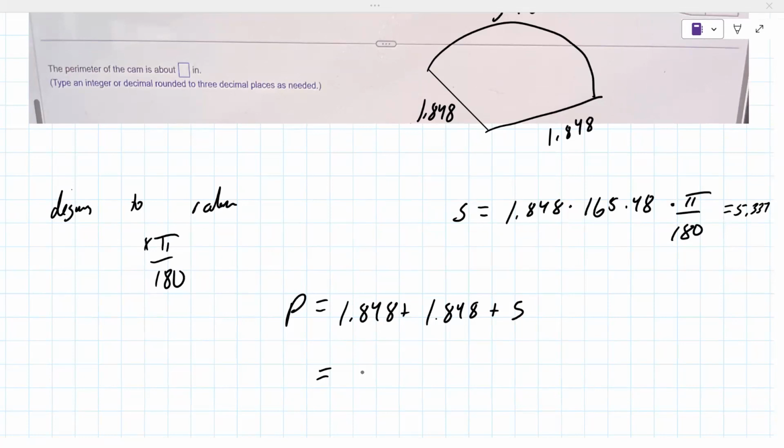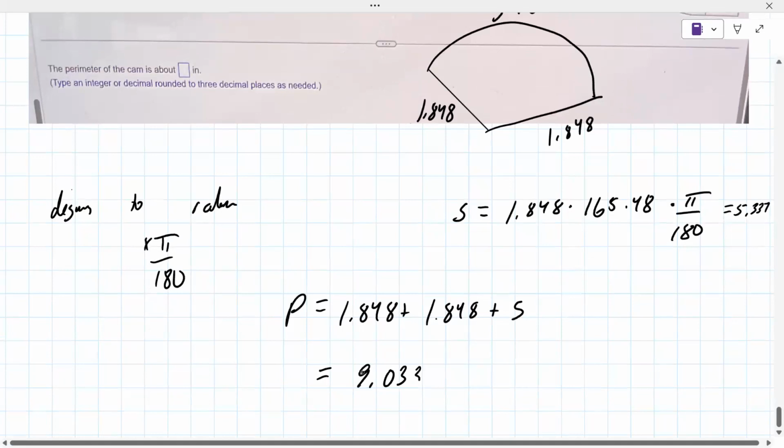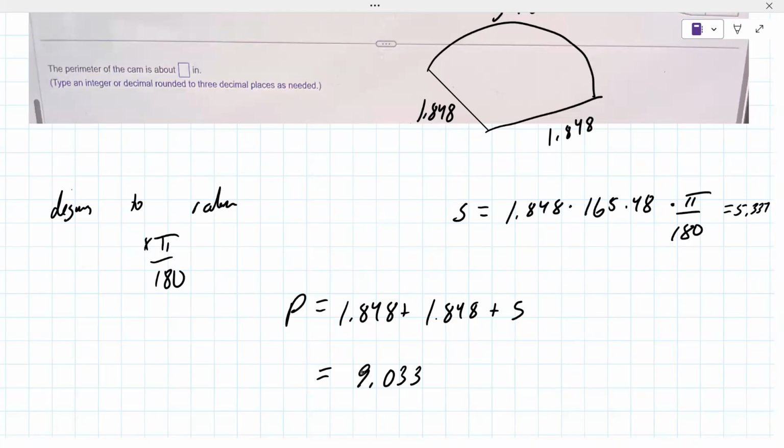I end up getting 9.033. Yeah, that's what I got too.